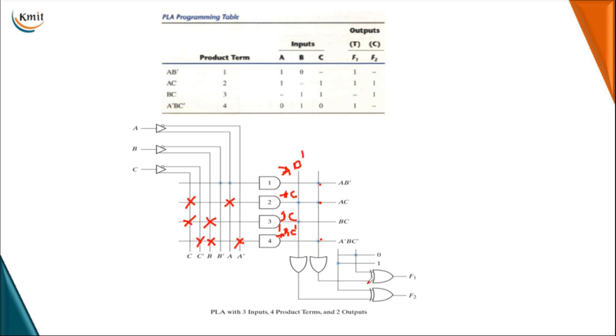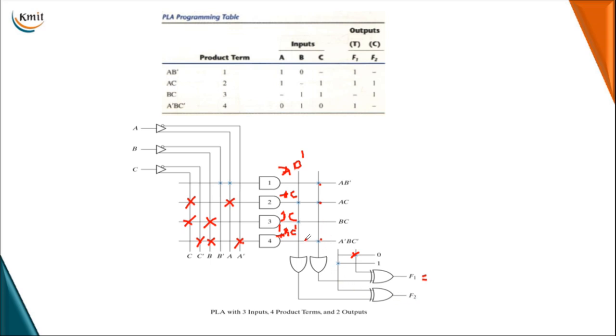Which is the true value, so the second input of the exclusive OR gate is connected to logical 0, and the output of this OR gate is connected to one of the inputs of your exclusive OR. So now F1 is F1 exclusive OR of 0, which will give your true value, whereas F2 is a complement one.